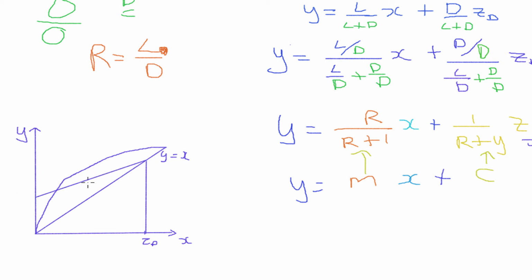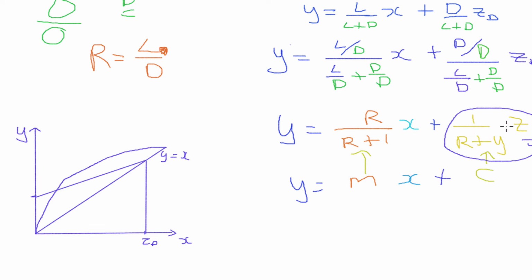The gradient of this line is shown here as R divided by R plus 1, and our y-intercept value, where the upper operating line cuts the y-axis, is shown in this term.